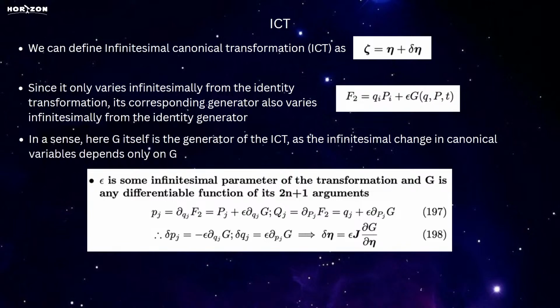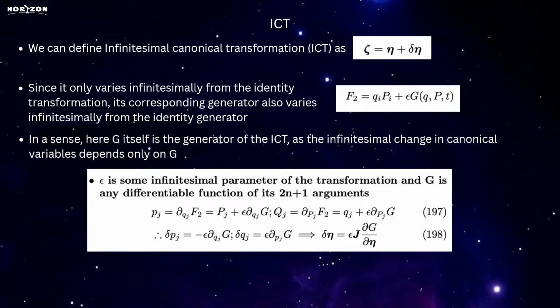So this new coordinate system ζ is defined as η plus δη, where δη is a very small variational term. Since our transformation itself is infinitesimal, it can be expressed as the identity (Q_i, P_i) plus some infinitesimal generator εG, where G is some function of q, p, and t.